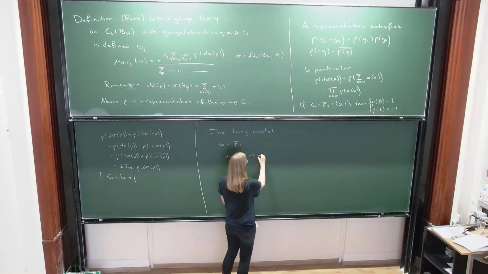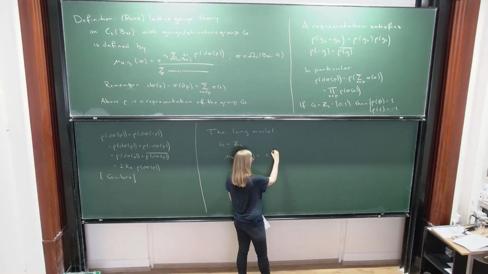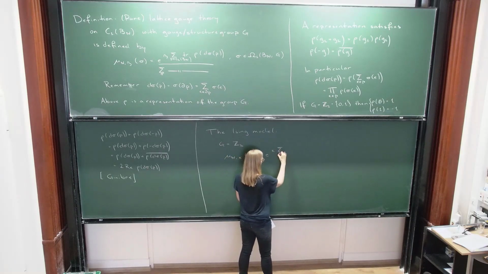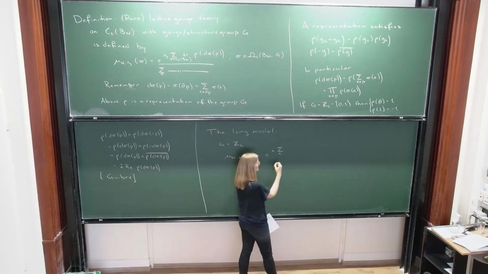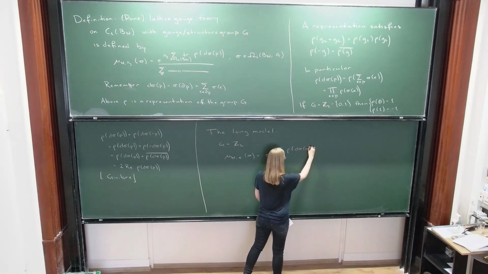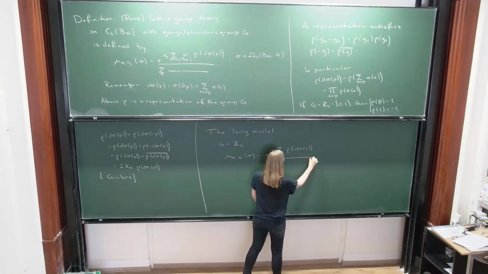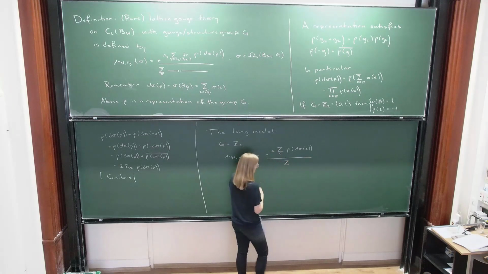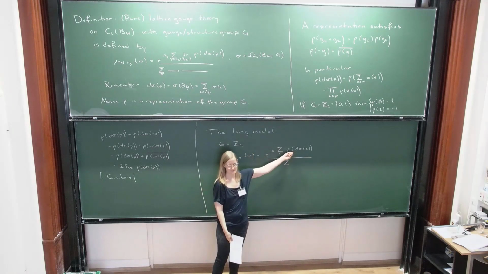So you could think of this as being e to the kappa sum over all the edges as we have for the Ising model, and then the representation to get a number of the sigma of e, and then divided by some normalizing factor. So you could phrase it in exactly the same language.